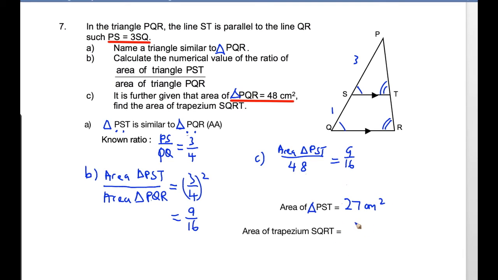Therefore, the area of the trapezium is 48, that is the whole triangle, minus the smaller triangle, which is 27, giving us 21 cm squared.